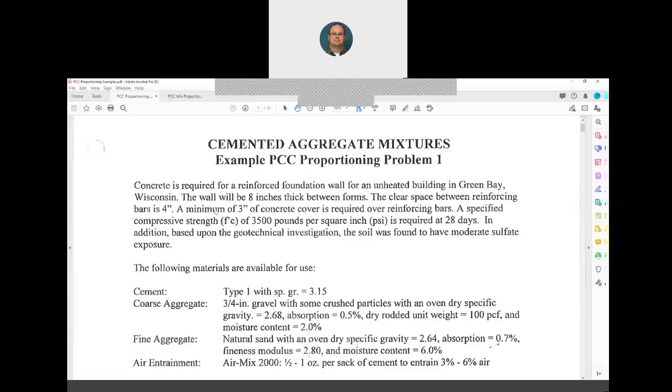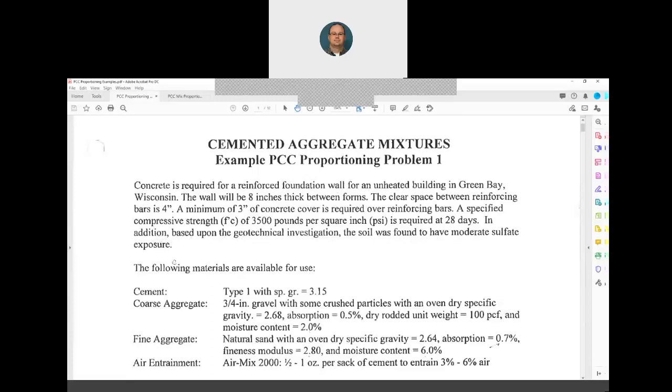A minimum of 3 inch of concrete cover is required over the reinforcing bars. A specified compressive strength, f'c, of 3,500 pounds per square inch is required at 28 days. In addition, based upon the geotechnical investigation, the soil was found to have moderate sulfate exposure.